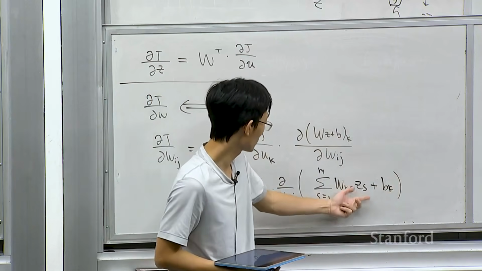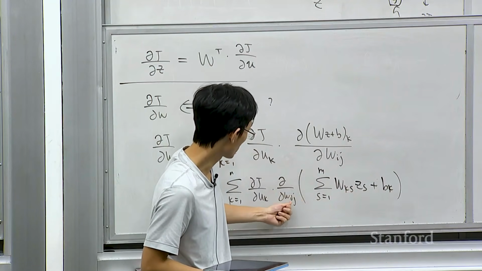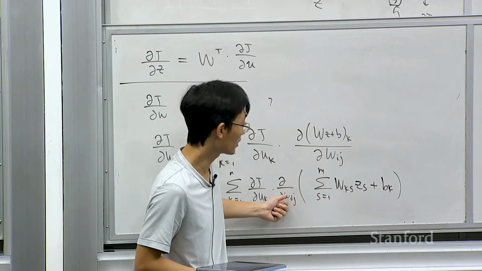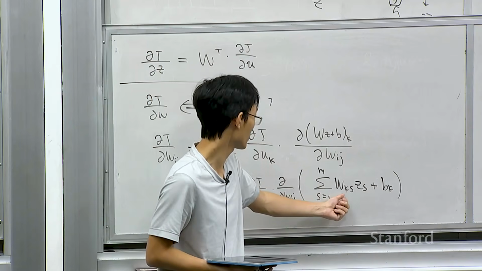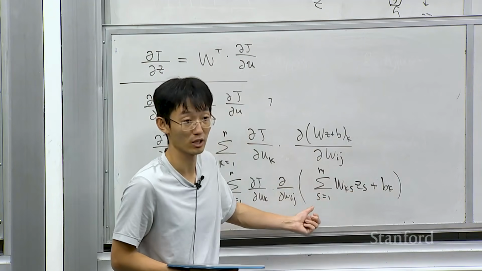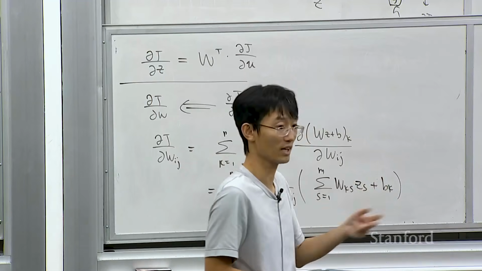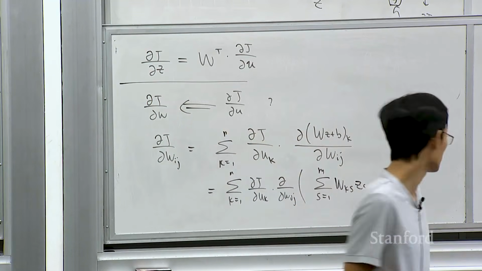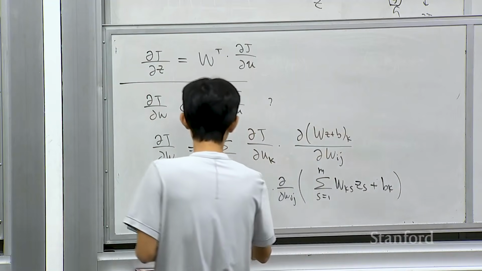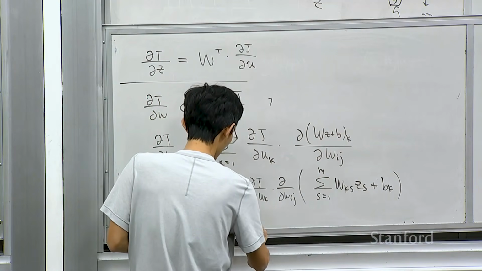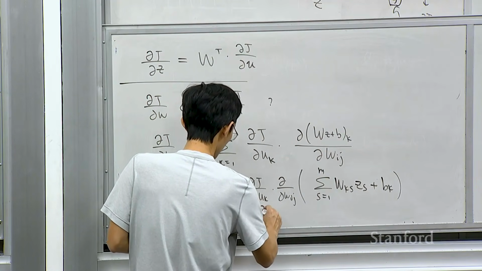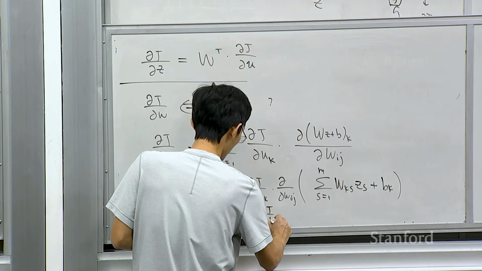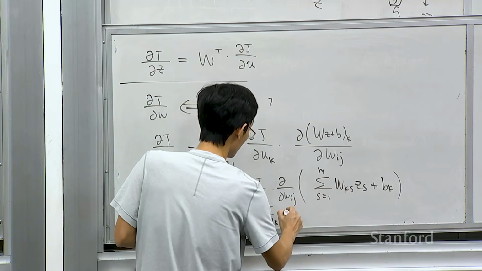And you are differentiating this quantity with respect to W_ij. The only terms that are not zero are the case when k and s are equal to i and j. All the other things have nothing to do with i and j, so the derivative is always zero. That's why the only thing that is left is the i and j term.